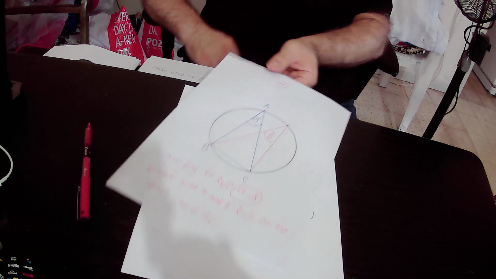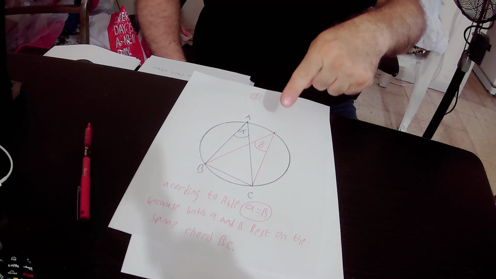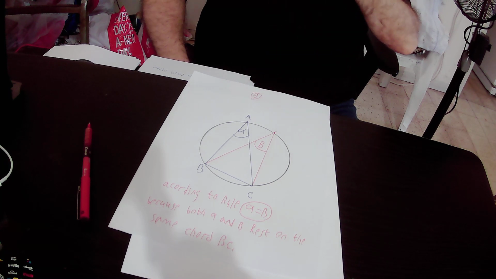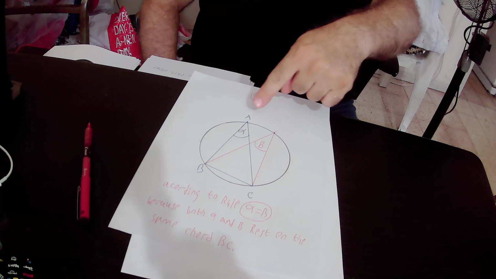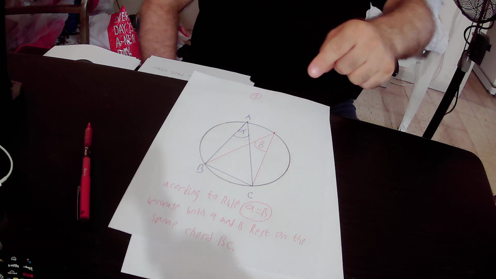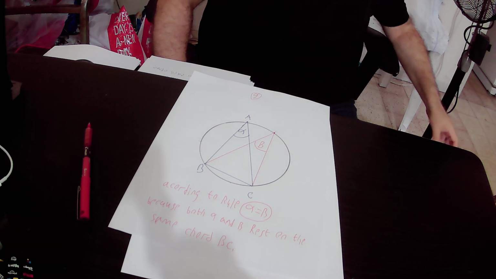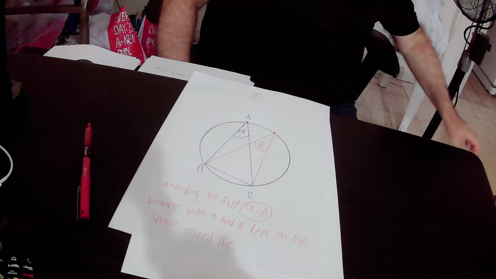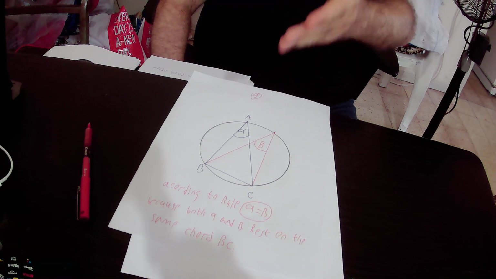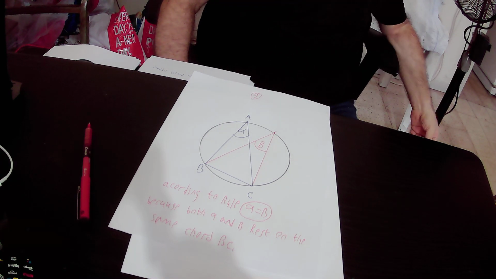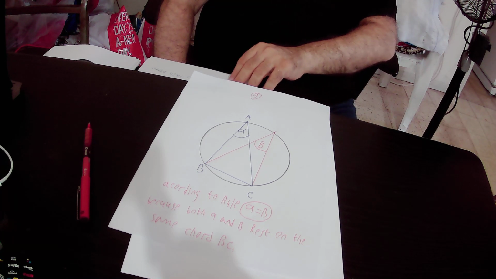Here angle alpha and angle beta are peripheral angles, and they both rest on the same chord BC. So according to rule number 2, they are equal to each other, that is, alpha equals beta. Okay, so we can implement this rule in our circle.